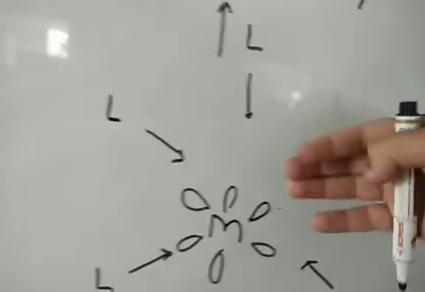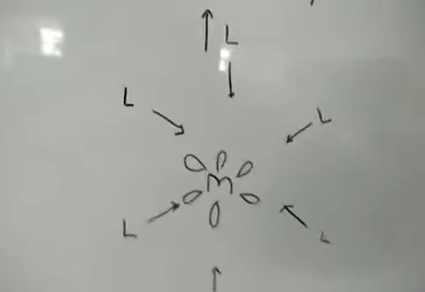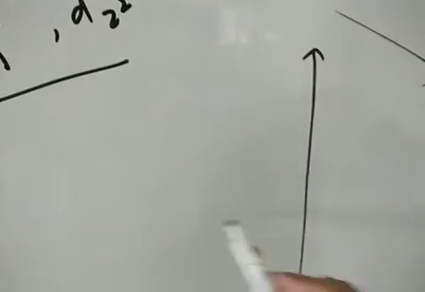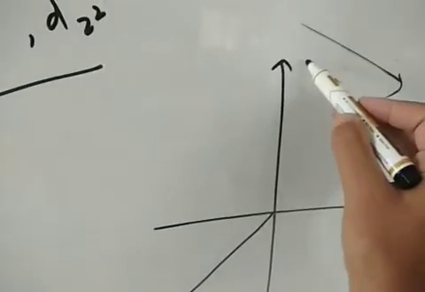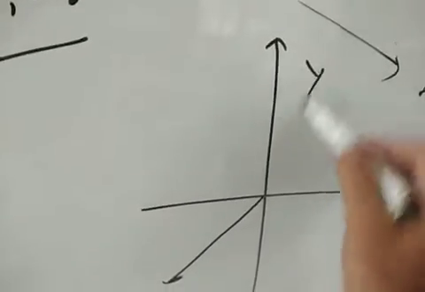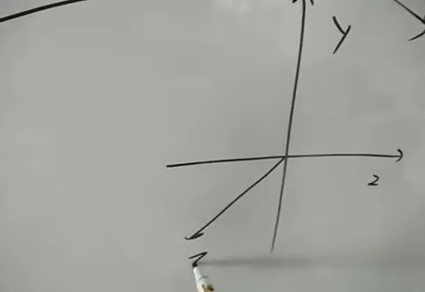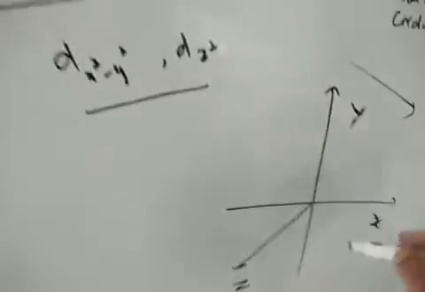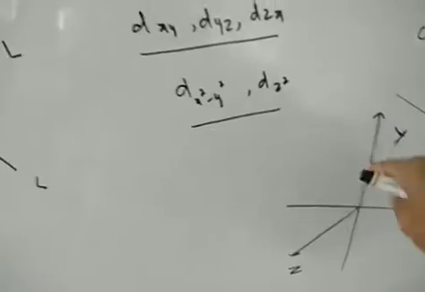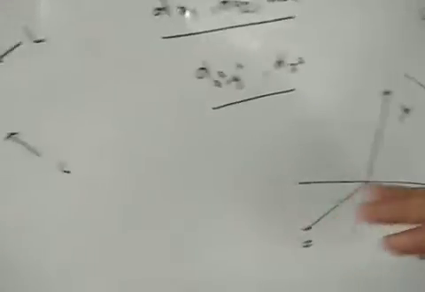We know all these ligands in the octahedral complex approach along the axis of the coordinate system. So if you have a coordinate system here, this is, let us say, z, this is y, and this is x. Sorry, this is z. Let us say x, and this is y. So all these ligands in the space are approaching through the axis.